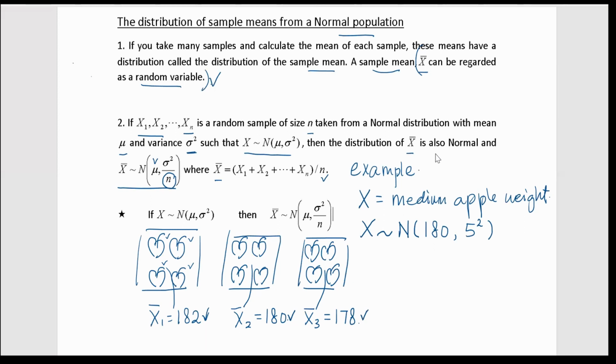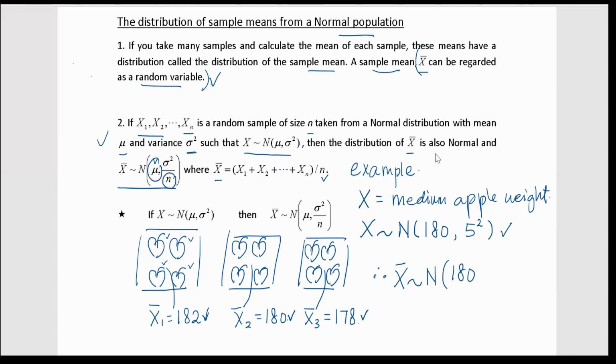So from the second point here, when you are given that X, the medium apple weight, is a normal distribution, hence the mean weight as a random variable also follows a normal distribution, where the mean will be exactly the same as 180, right?